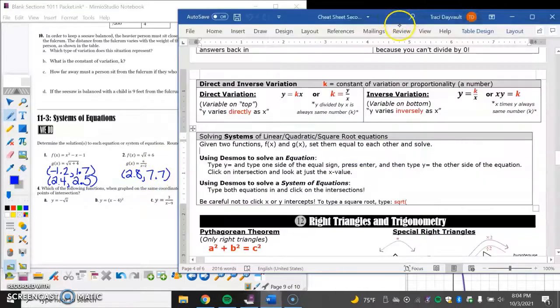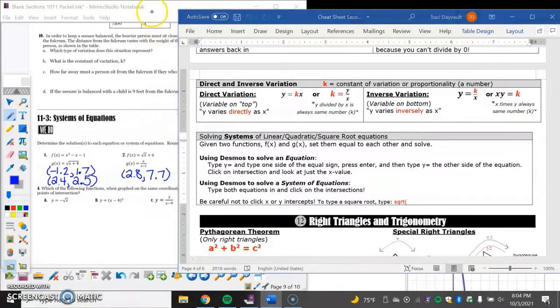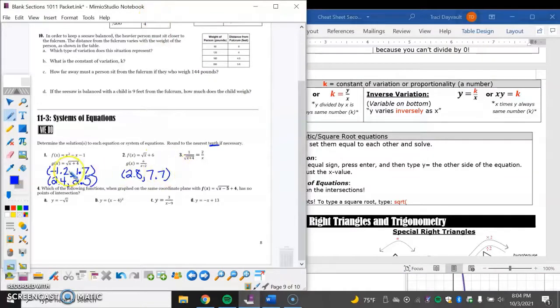Now, something that is very interesting is that you can use Desmos to solve an equation using the same method. So this is a system of equations. System of equations is looking at where graphs intersect, but an equation looks like this.